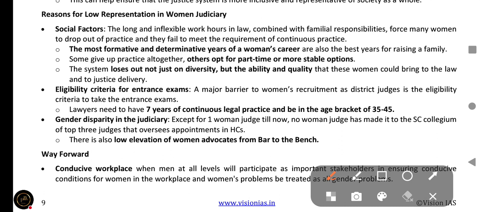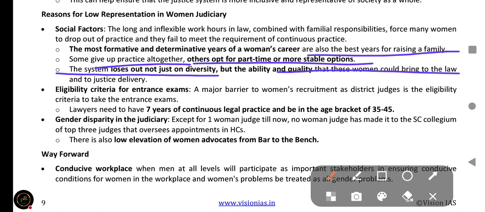The most formative and determinative years of women's career are also the best years for raising a family. Some give up practice altogether, others opt for part time or more stable options. The system loses out not just on diversity but the ability and quality that these women could bring to the law and to justice delivery.